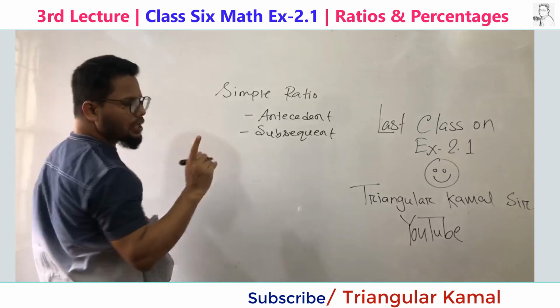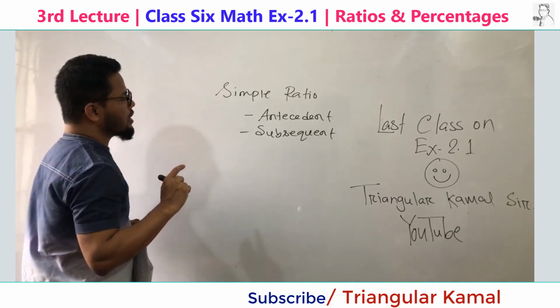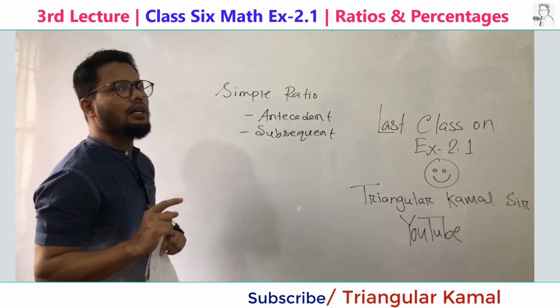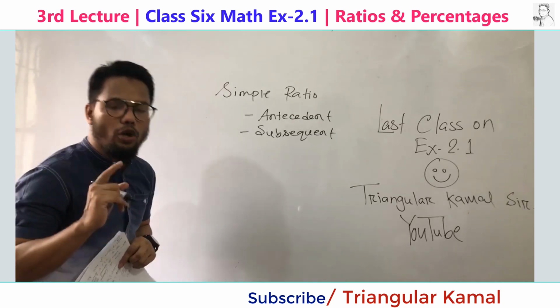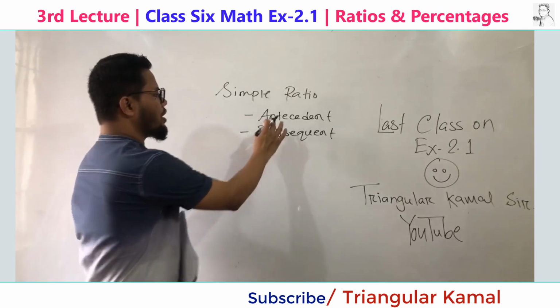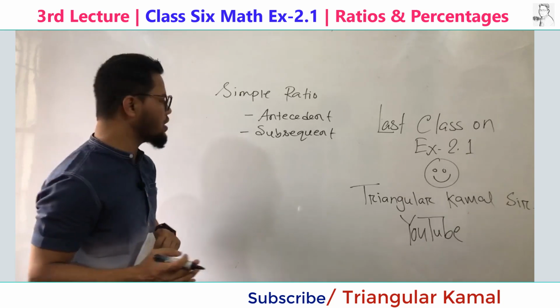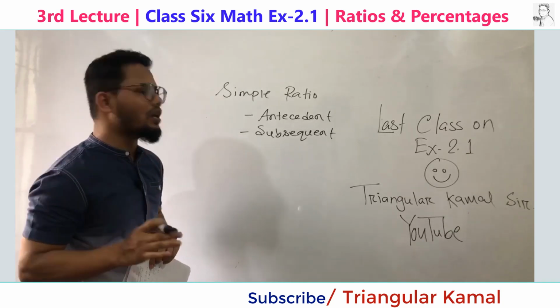We said there are two types of simple ratios: greater quantity and less quantity. Basically, a proper fraction is the less quantity, and an improper fraction is the greater quantity, where the antecedent is greater than the subsequent, which is called the greater quantity, and in fractions we say improper fractions.